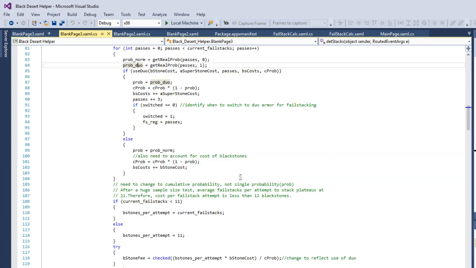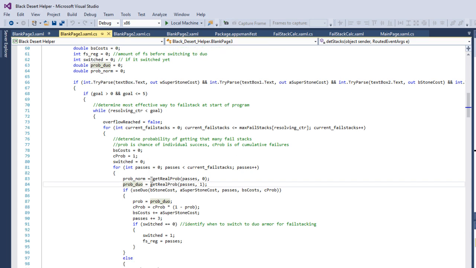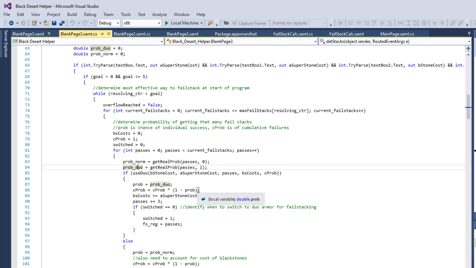So if we go back up here to when the function is invoked, it'll decide. And then if it decides to use the duo, it will set the probability to duo, and then basically it'll change to the cumulative probability. And basically what this is, if you fail, I don't know what it's called, maybe it's a permutation, but basically if you fail the enchant, how do I describe this?